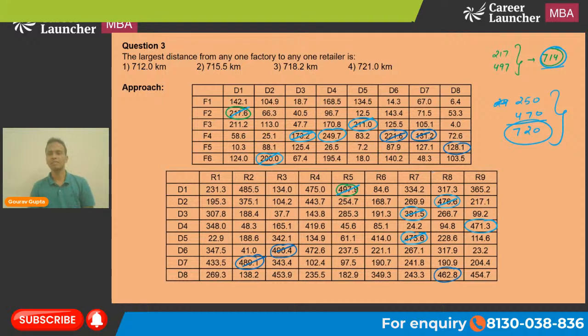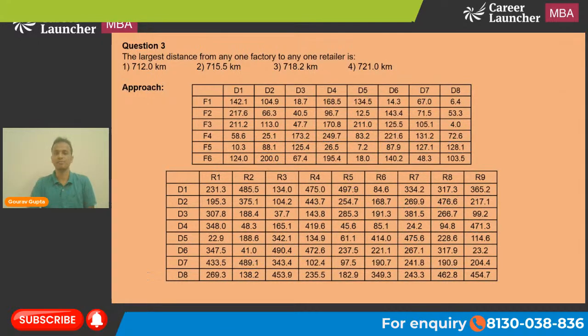So that means our winner is these two numbers. Let's select the winners out of this. The first number is 249.7 and the second number is 471.3. Now we'll go for the exact addition of these two numbers and they will add up to 721, which is option number 4. And hence we can mark option number 4 as our final answer.